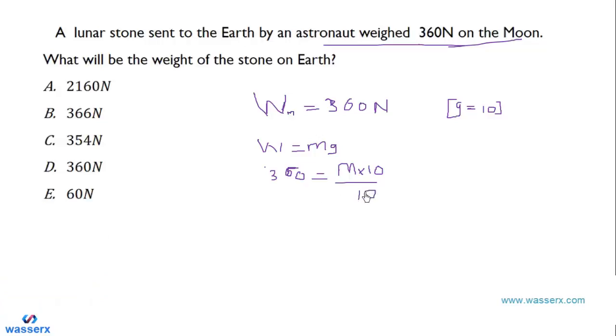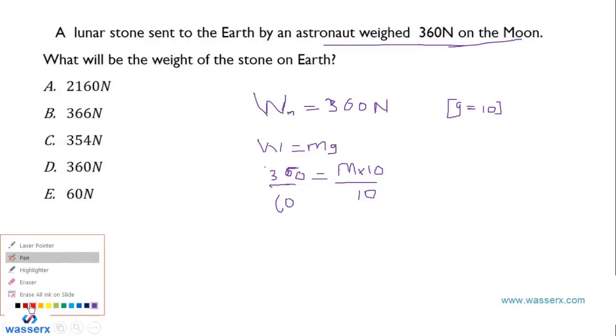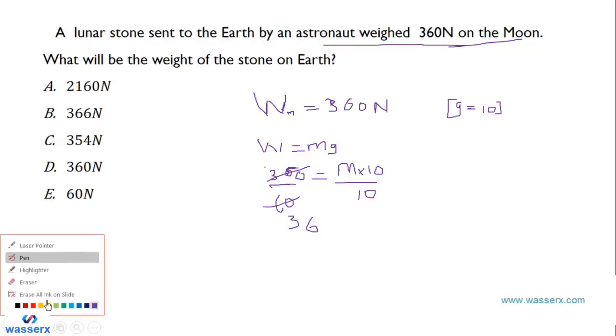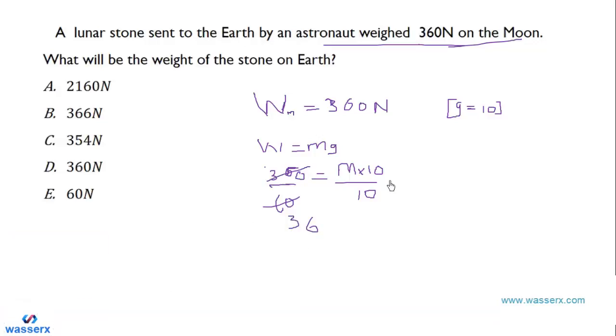We are solving for the mass of the stone. 10 goes into 360 36 times. Then the 10 cancels.